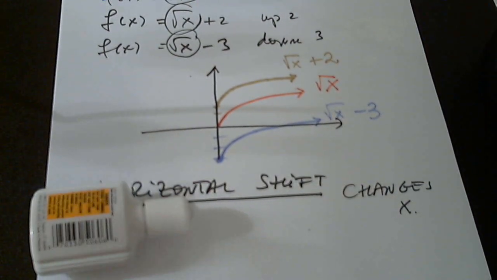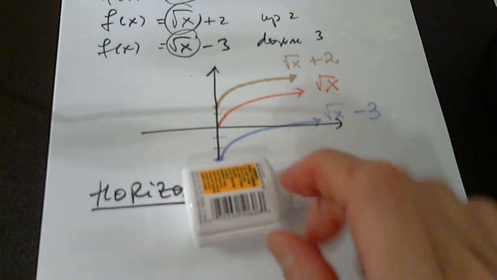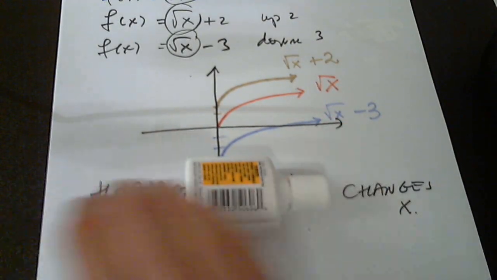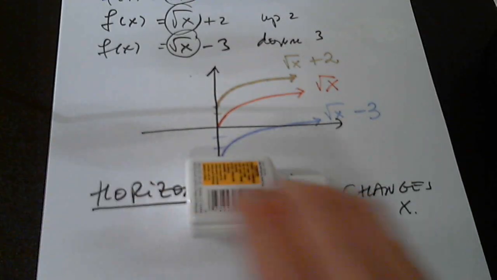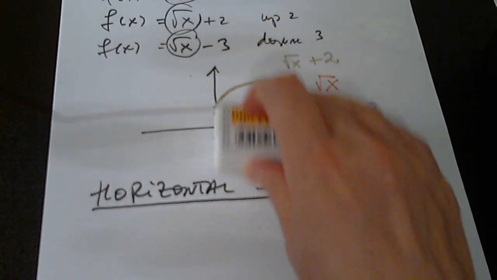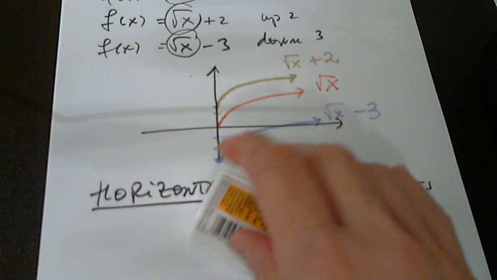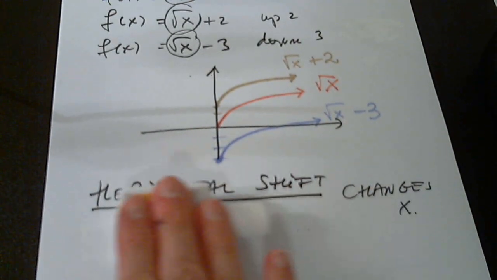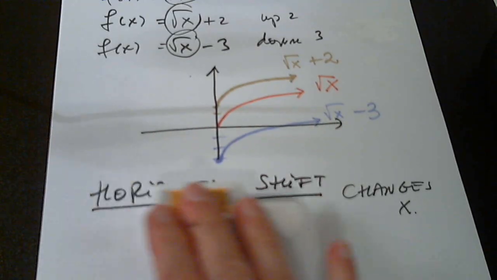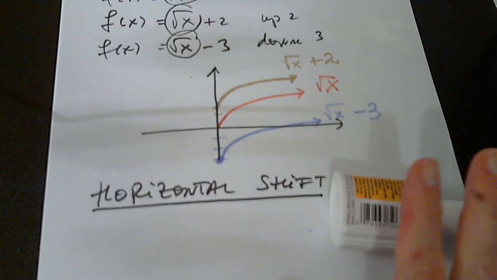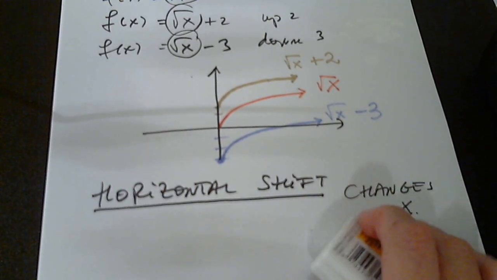If this is the base function, x changes now. Y does not. Everything happens at the same level. Here it did not happen at the same level. The y changed there. But now for the horizontal shift, no change in y, left or right.